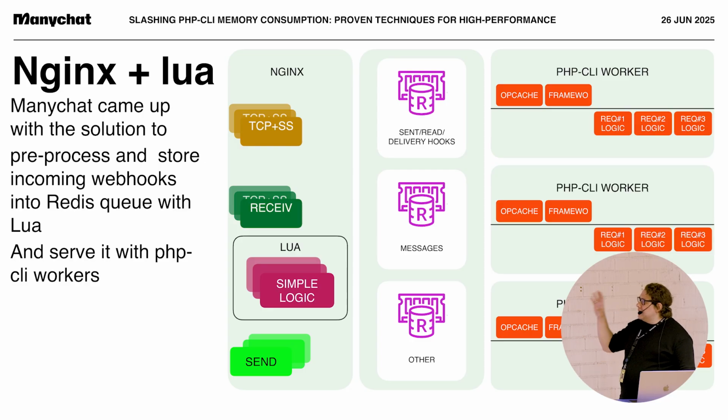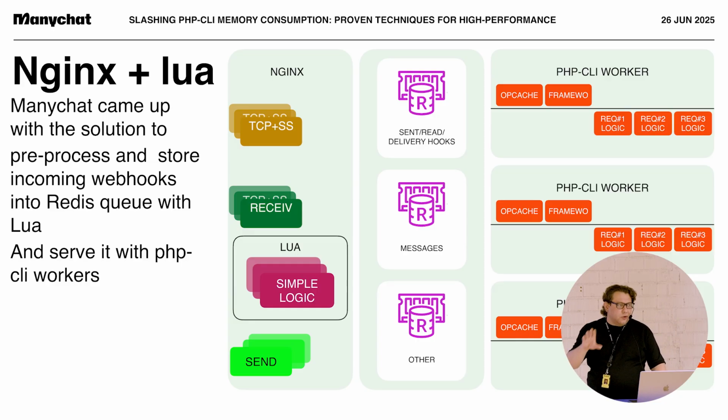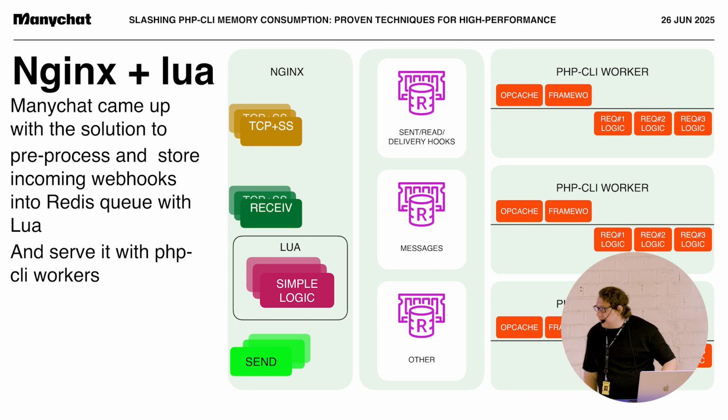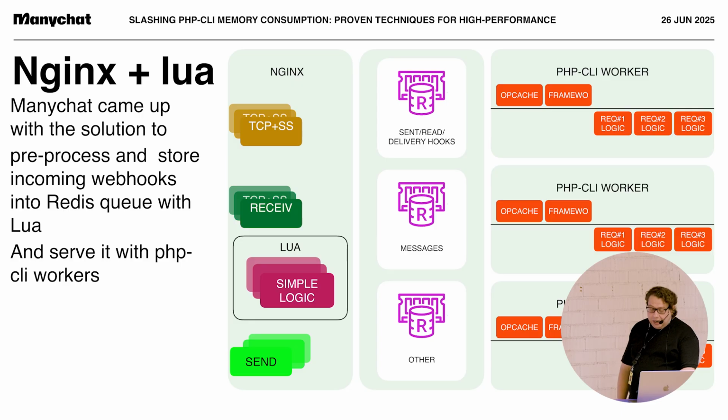They initialize the opcache, the framework, autoload once when the worker is started, and then start serving those webhooks with business logic without the need to reinitialize the framework every time. It worked very well for us.